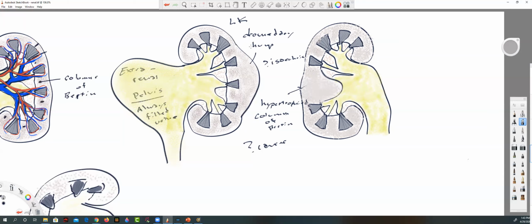You are not likely to get a dromedary hump with a liver laying on top of it. On this guy though, if I could draw a spleen real quickly. Okay, that's not really what the spleen looks like, but if the spleen were laying on the upper pole of the kidney, this mid pole has the room to grow that direction, so it will grow that direction. So more likely to be found on the left kidney.